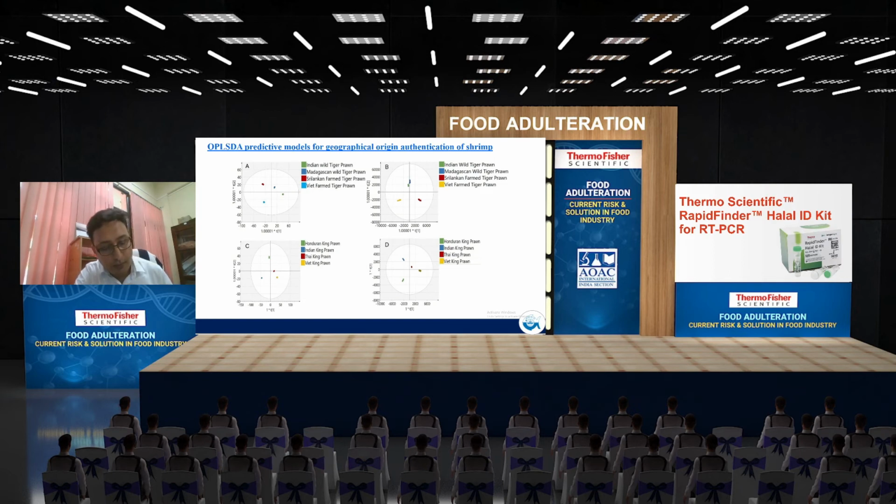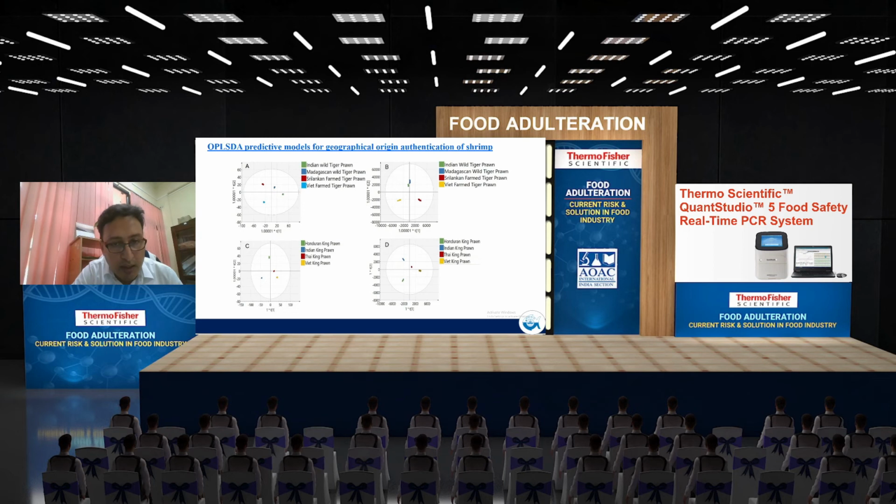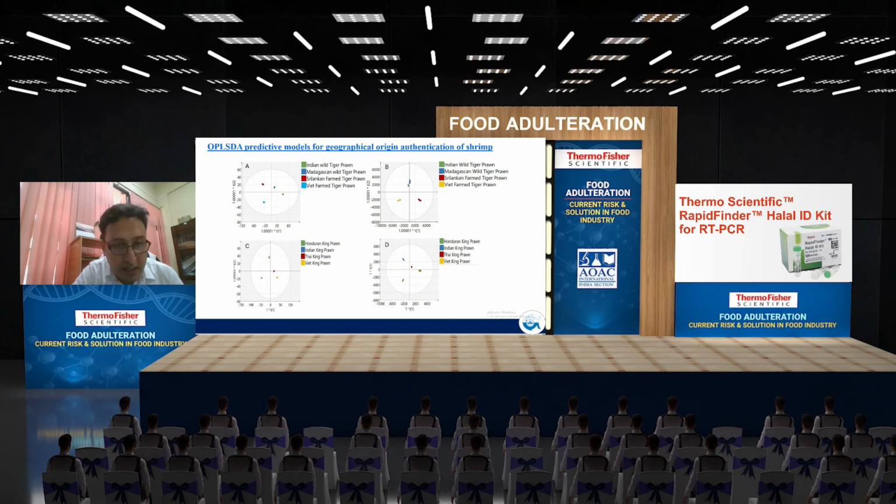So again, the same data was explored to predict the geographical origin of the shrimp. The first model is for the tiger prawn, and the second model is for the king prawn. In tiger prawn, we could clearly identify the shrimp originating from India, Madagascar, Sri Lanka, and Vietnam.